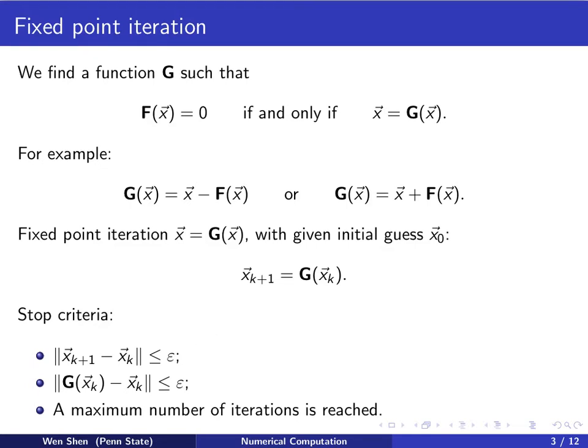Given epsilon, which is the error tolerance: first, if after performing one step the difference between the two vectors measured in some vector norm is less than the tolerance; second, the residual measured in some vector norm is less than the tolerance; and third, if a maximum number of iterations is reached.